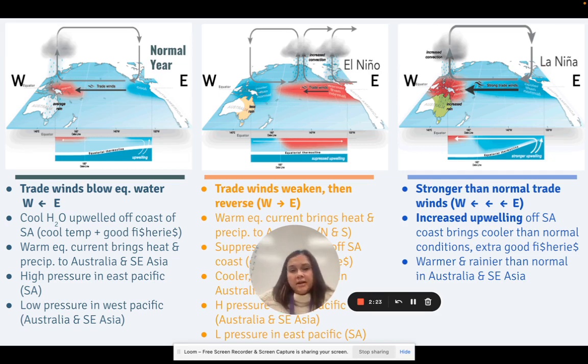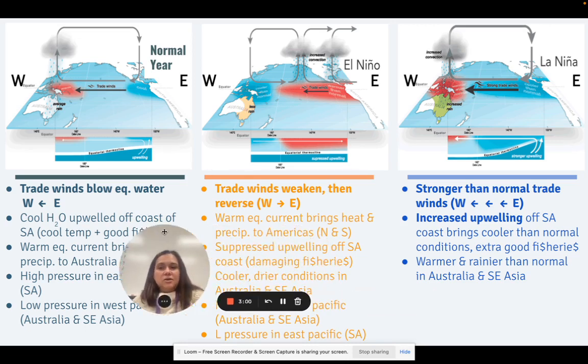As that warmer water warms the air, the air rises, and we get rainier conditions in Australia and Southeast Asia, and drier conditions in South America. I always picture Southeast Asia as super wet, monsoony conditions, with people in rice paddies and lots of water. In South America, I think of llamas up in the mountains and drier conditions. Keep that in your head if it helps.